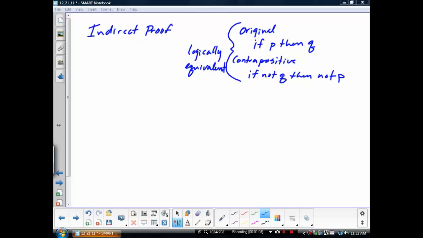So we can come up with another type of proof, meaning we're proving the contrapositive. And that means the original must be true. So with an indirect proof, we start by assuming the opposite of what we want to prove, which is the conclusion of our original statement.